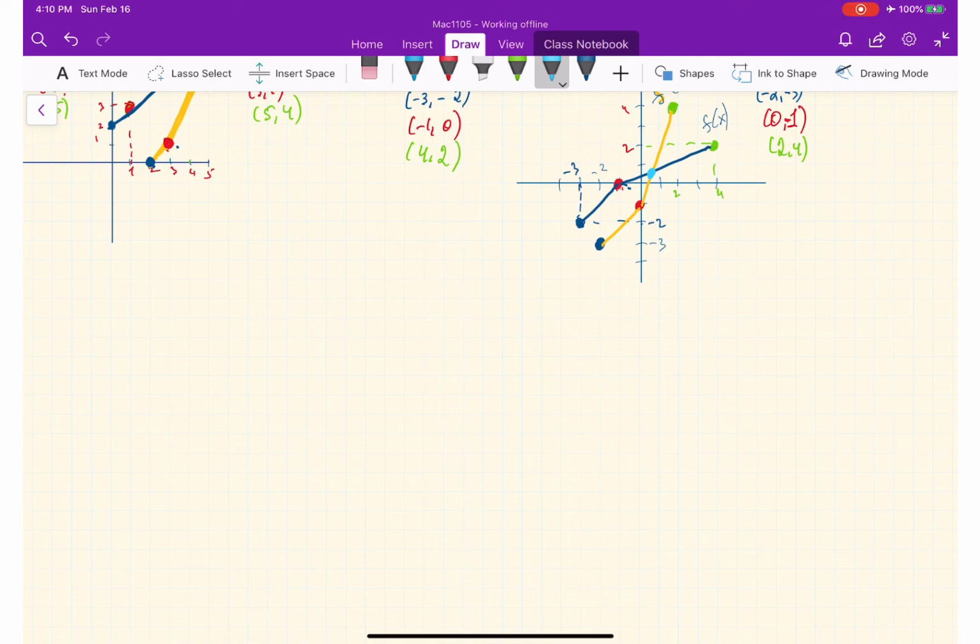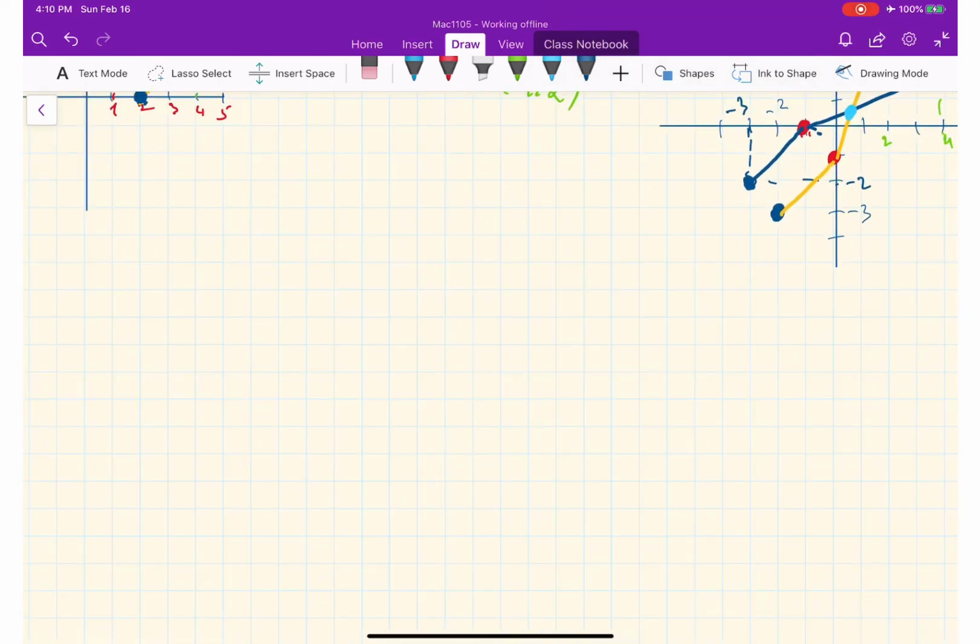Let's assume we have this following graph. So what points do we have here? -1 and 0.5.